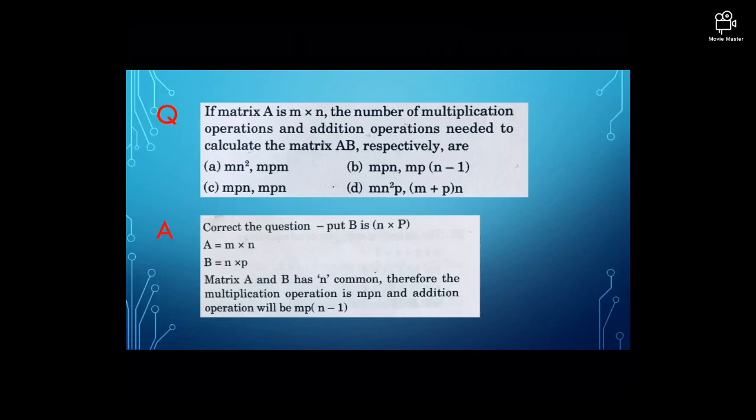Matrices A and B have n in common. When we find A into B, how many multiplication operations do we have to perform? The answer will be m into p into n, and the addition operations will be m p into n minus 1. If you remember this, you can apply it in 2 marks questions also and score easily. This is actually a 1 mark question which was asked in 1995.